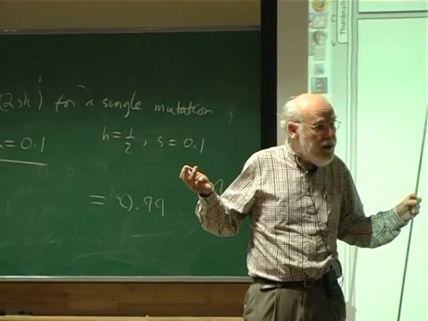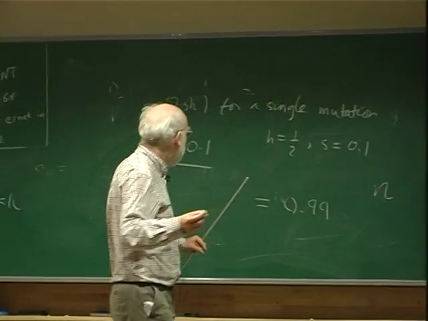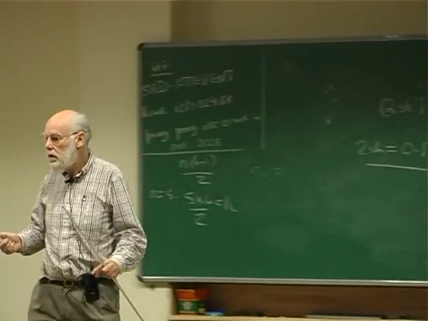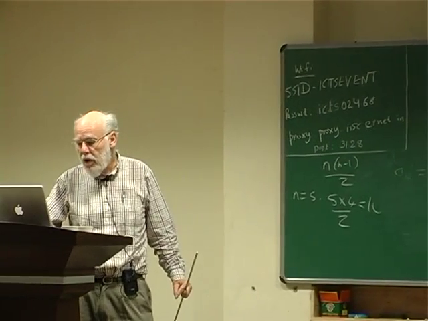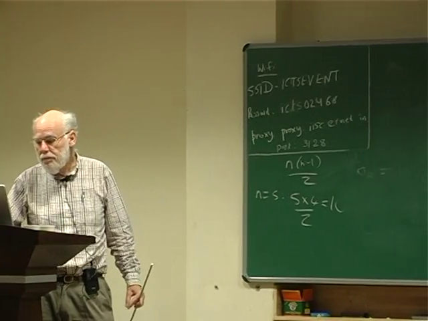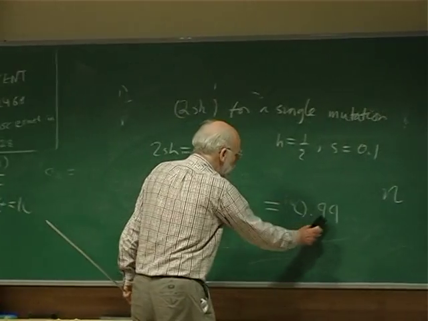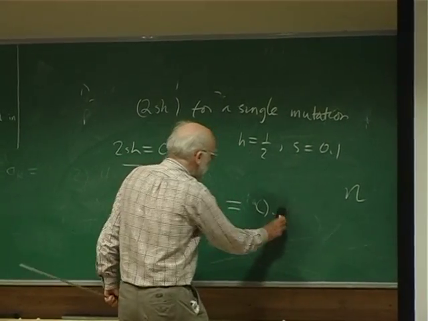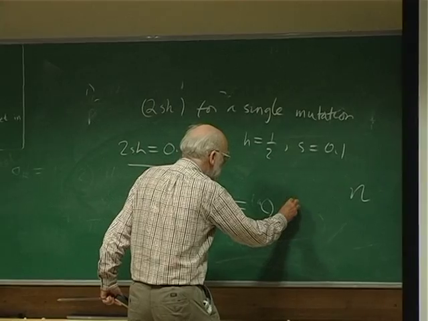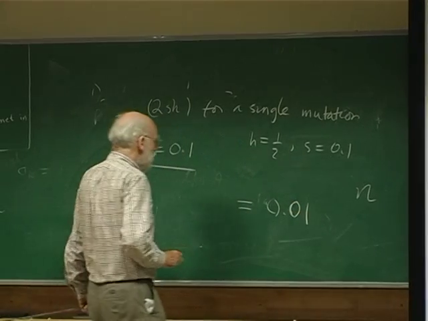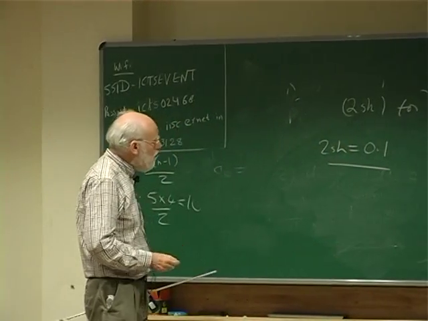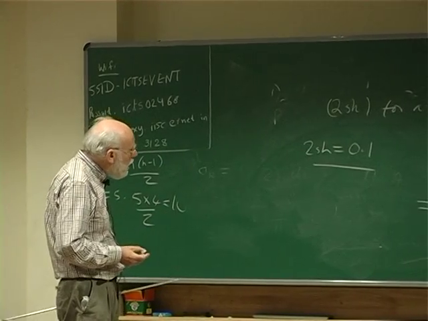They have to survive, right? So you have to survive loss. So what's the probability of loss? We want the probability of loss of 0.01 of all of those n mutations.